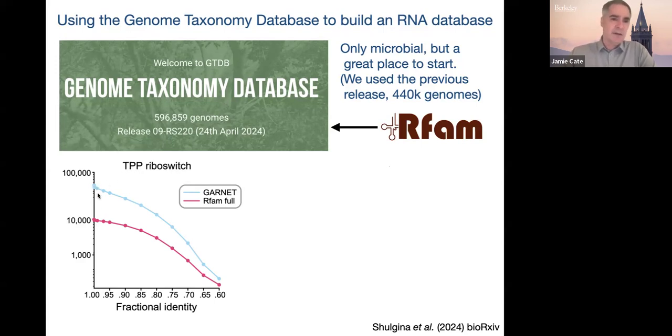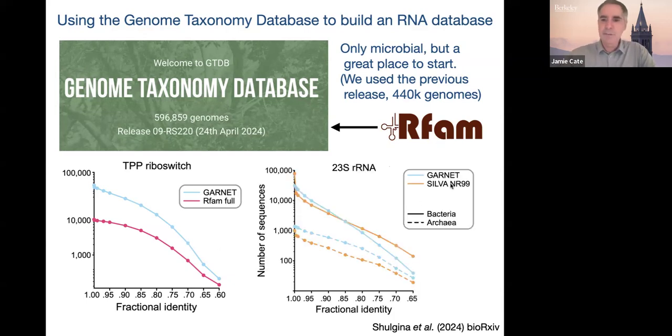You can see that we get several fold more sequences with different nucleotide identity than you can get using the next state-of-the-art database. And even for something as commonly sequenced as 23S ribosomal RNA, we do pretty well in terms of getting new sequences, especially for the microbes called archaea.